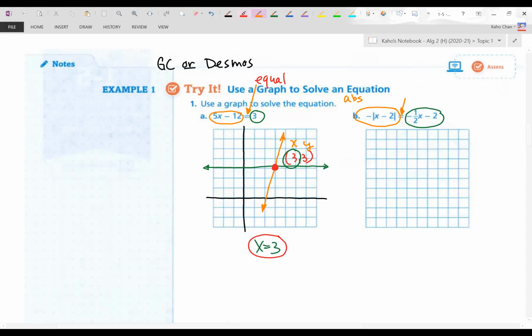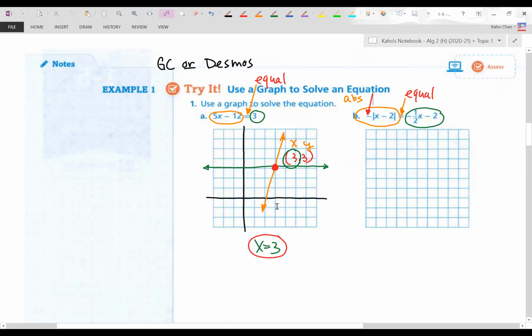This is a great technique. This didn't exist when I was a student because we didn't have graphing calculators in high school. All right, we know that an absolute value is a V-shaped graph. And something interesting, this particular V-shaped graph has a negative sign in front of it. So we know the V is probably upside down.